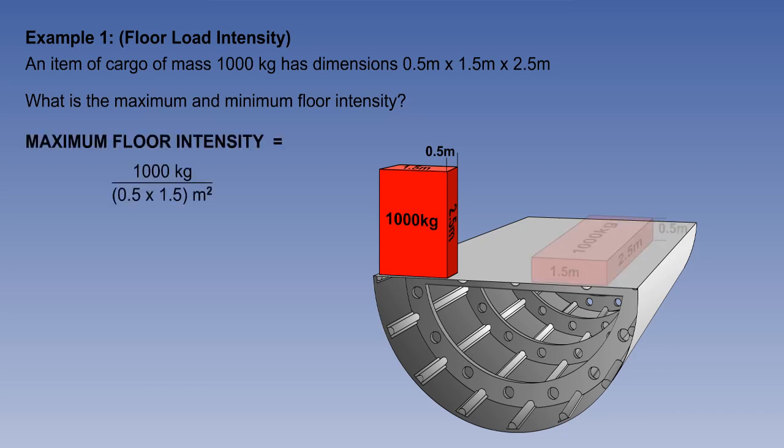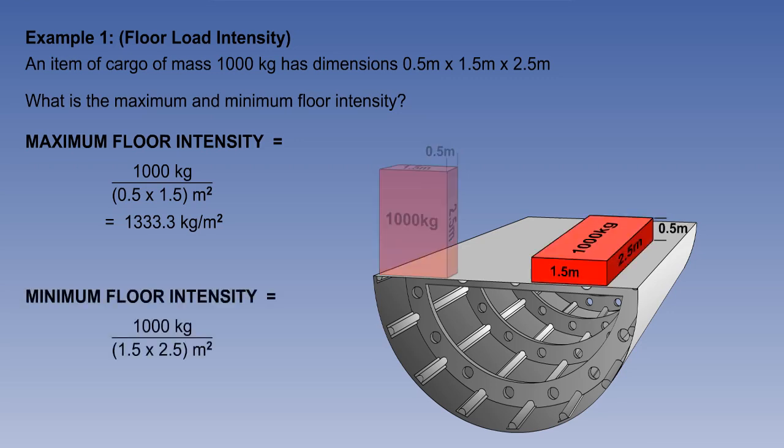To calculate the maximum floor intensity, we must divide the mass, 1,000 kilograms, by the smallest area, 0.5 by 1.5 meters, which results in an intensity of 1,333.3 kilograms per square meter.